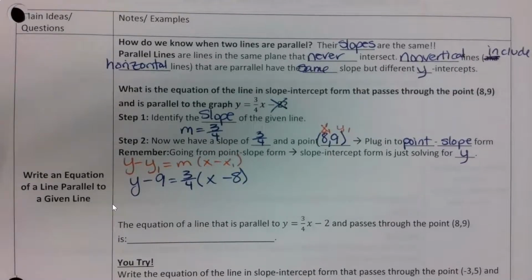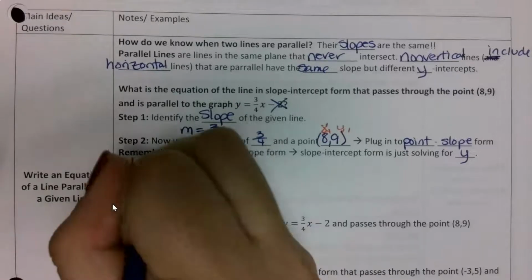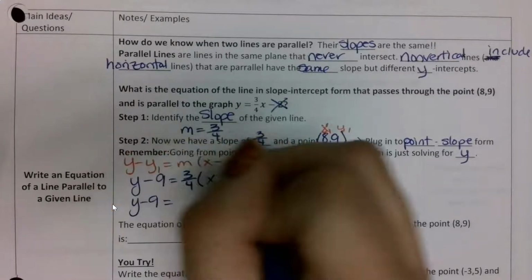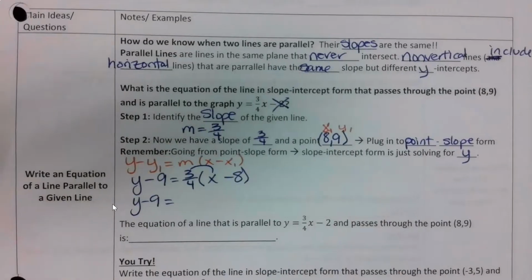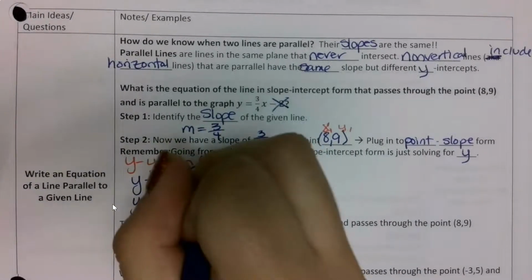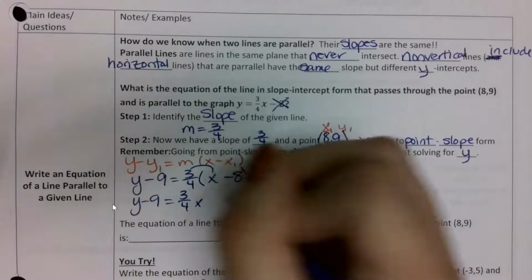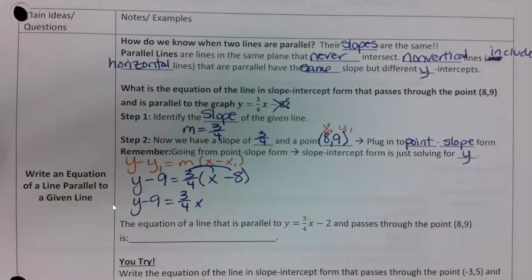Okay. What do I want to do to solve here? Distribute 3/4. So what's 3/4 times x? 3/4 x. And then 3/4 times negative 8.